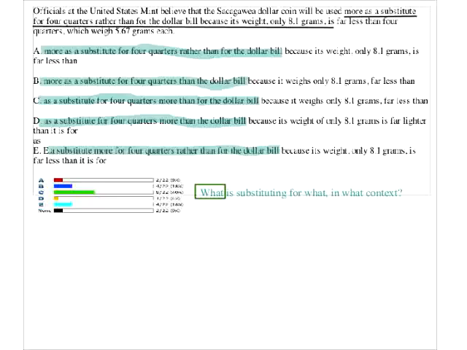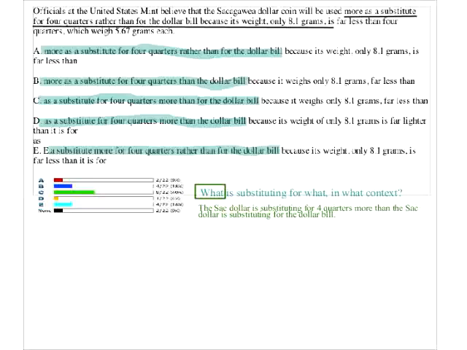The Sacagawea dollar, I'm going to abbreviate it as SAC. The SAC dollar is substituting for 4 quarters more than the SAC dollar is substituting for the dollar bill.